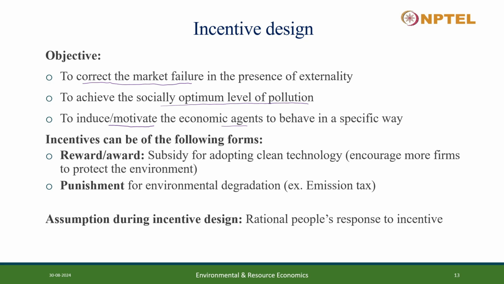So we encourage them to invest in cleaner technology. We encourage them to invest in renewable energy sources, or we discourage them from emitting pollution by levying emission tax or by setting certain environmental standards.